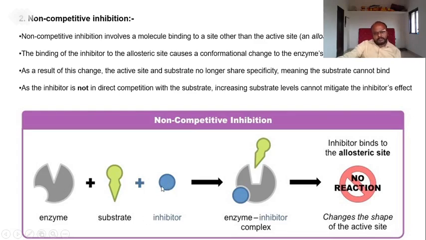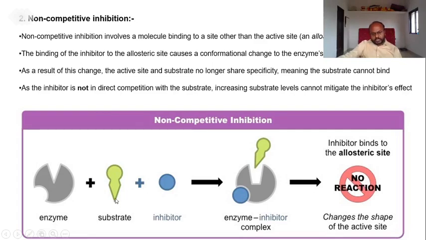This inhibitor is completely different from the substrate, and it has the capacity to alter the active site of the enzyme, and due to this property the inhibitor does not compete with the substrate. This inhibitor reacts directly with the enzyme, and an enzyme-inhibitor complex is formed, and then there is no specific substrate, and therefore no reaction is formed.